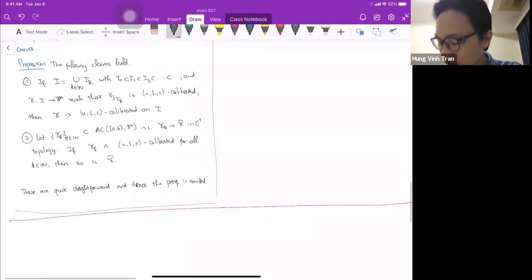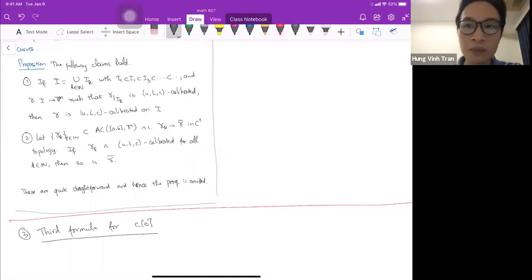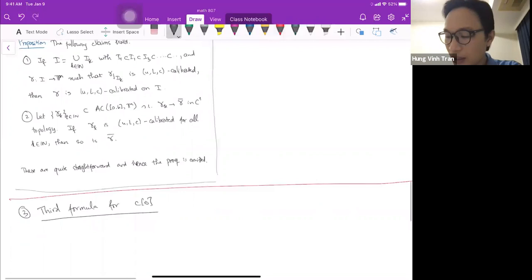So now let's do the third formula for C naught. I'm going to just copy the formula from above.